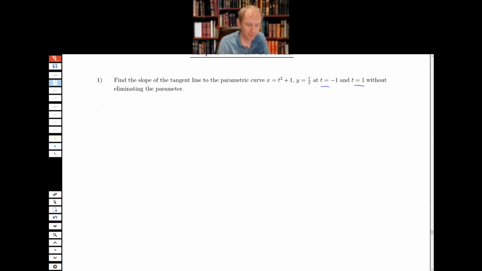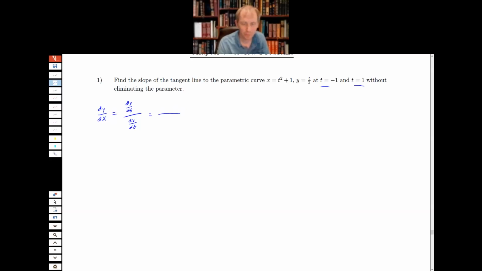So let's start by finding the derivative so we can output slopes. dy/dx is dy/dt over dx/dt. And these are simple enough equations that I'll just write them in here. I won't split this off as a separate step.